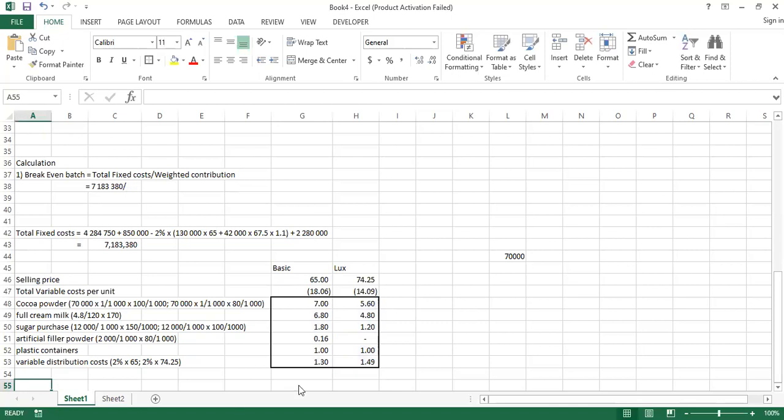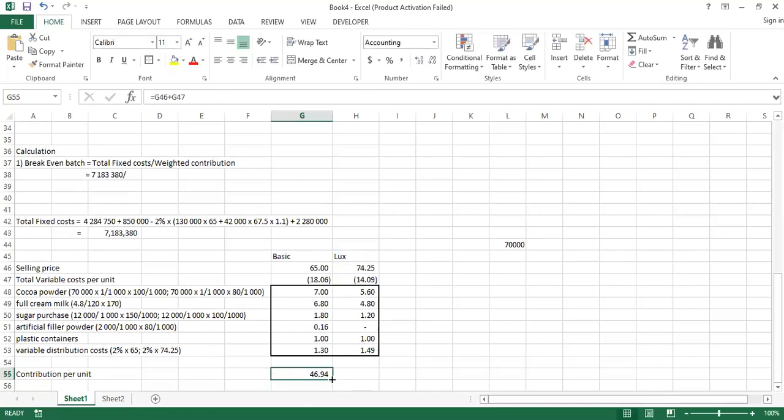So what's the concept of contribution? If I'm to put it in layman's terms, we are talking about how much a product is contributing towards the alleviation of fixed costs. These fixed costs we are going to incur, but when producing, each product must make a contribution in terms of income towards the alleviation of that.